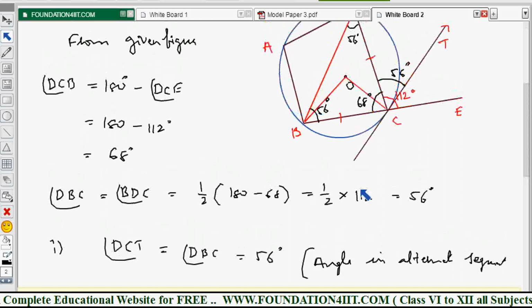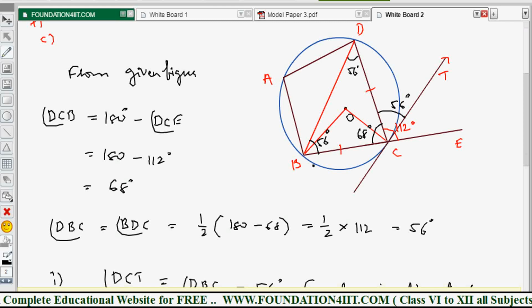And next one, we need to find out angle BOC. If you observe this circle, BC is the arc. Whatever angle subtends at the center is double the angle subtended at the remaining part of the circle. That means angle BOC should be double angle BDC, which is 56.